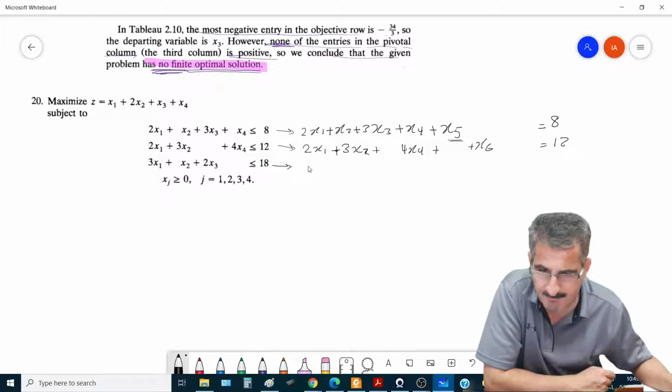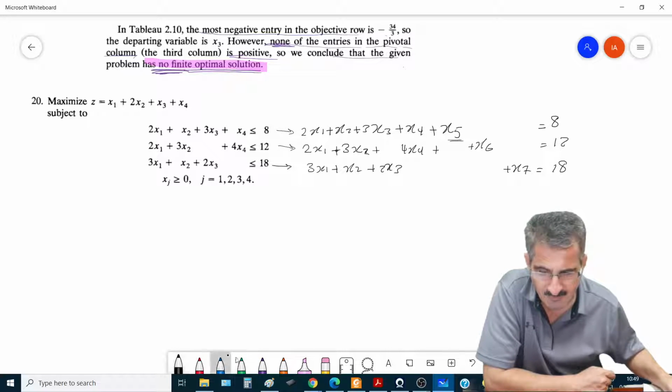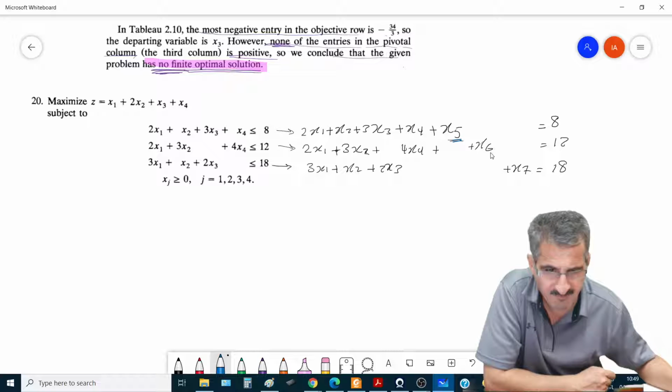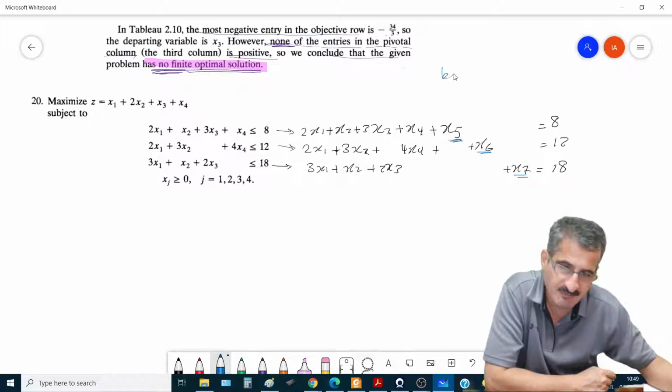Then 3x1 plus x2 plus 2x3, no x4, no x5, no x6, plus x7 equals 18. This is the slack variable. So these are the slack variables and they are the basic variables for us.